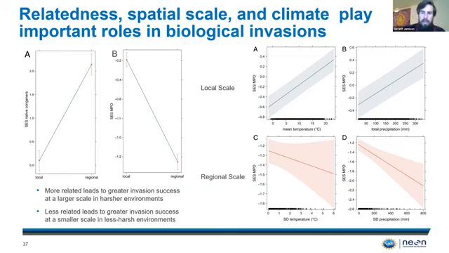Whereas hypothesis two, which focuses on competition among related species, happens at smaller, more local scales and less harsh environments. This is likely because at smaller local spatial scales, density-dependent mechanisms associated with limiting similarity, such as competition and enemy escape resistance, become more important.